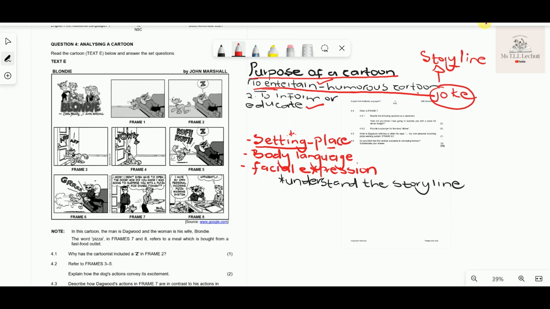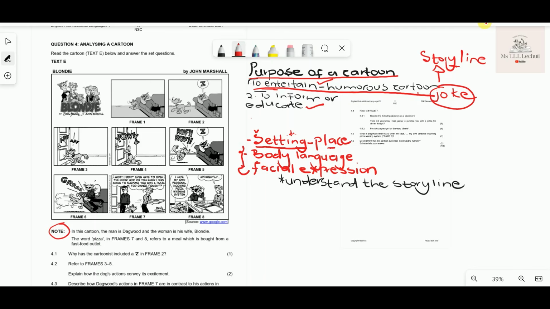And then, before we go to body language, facial expressions and so forth, after establishing the setting, it is also important to study the relationship between the characters. In this cartoon, are we going to read about mom and dad? Are we going to read about husband and wife? The examiners will always give you a note.